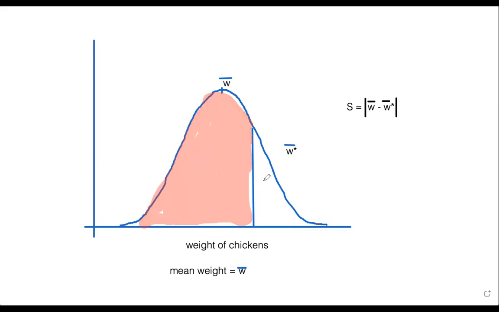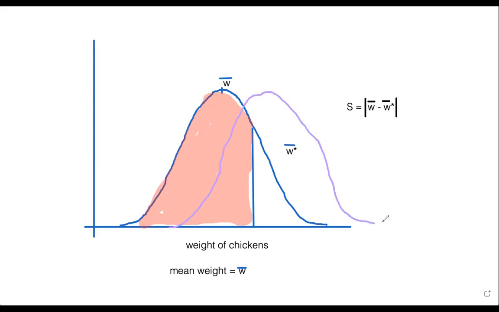So I take these chickens, I let them breed, and once the offspring are fully grown, they will have some weight distribution. And if I graph the weight of the offspring after one round of selection, I might end up with something like this.